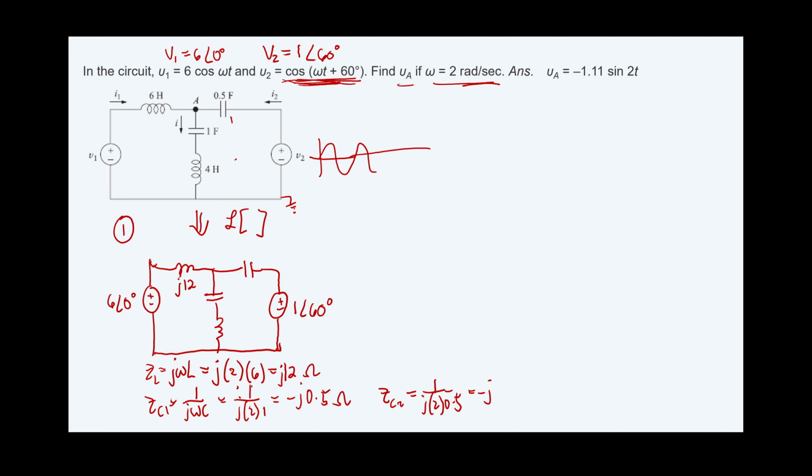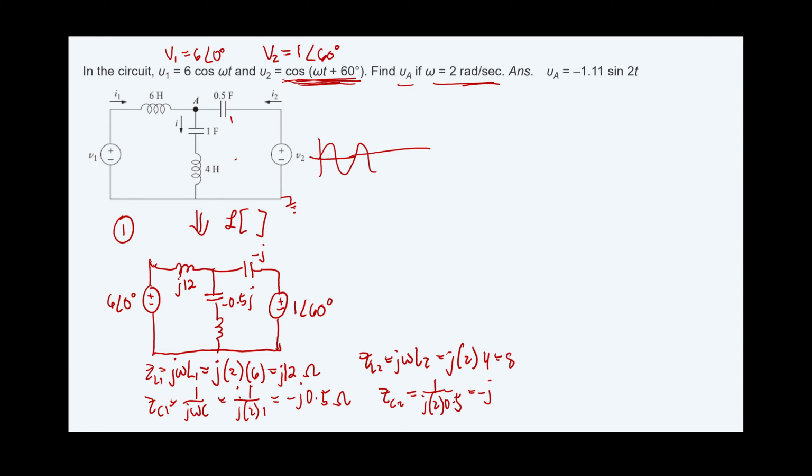You might wonder, what is j? j is an imaginary number. This one is negative j, the other one is negative 0.5j, and then the other inductor, which is 4 henry, jωL2, is equal to j times 2 times 4.